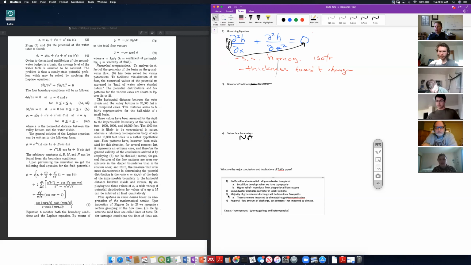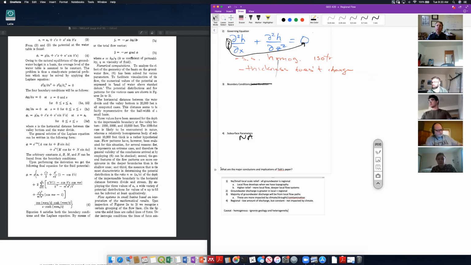I do have a question. I don't know if it's related, but thinking about the differences in resiliency between regional and local, are they susceptible to changes in topography? I know generally those are on much larger time scales, but thinking of Mount St. Helens, that sudden change in topography, does that affect them both the same way or differently? Yeah, a good question.